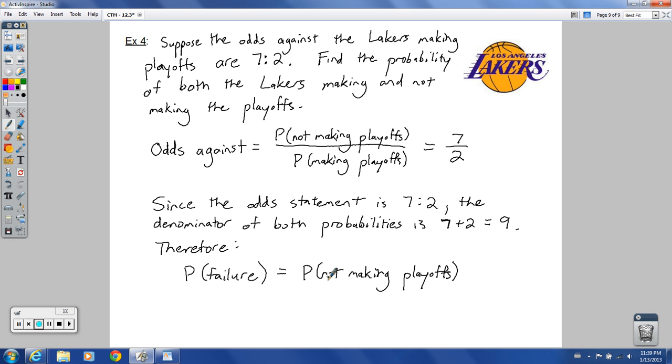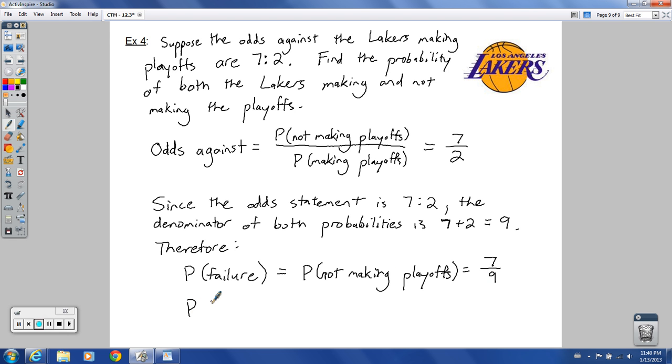That would definitely be failure for the Lakers. They almost always make the playoffs. So the probability of not making the playoffs is the 7, but the missing denominator there in both of these, in a sense, if you were to unsimplify this, would be a 9. So 7 out of 9. The probability of making the playoffs should add up with this number to get 100%, or 1.